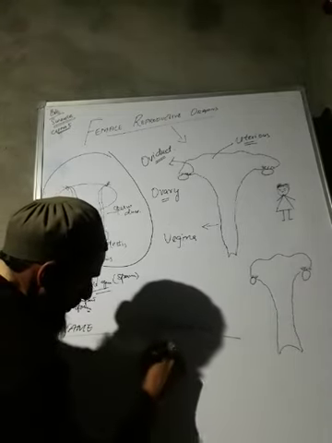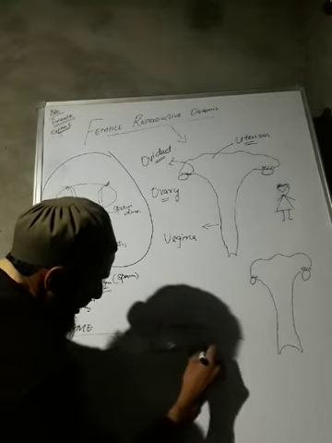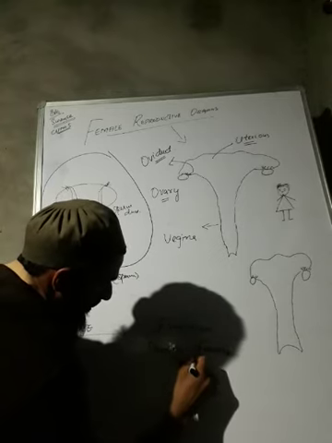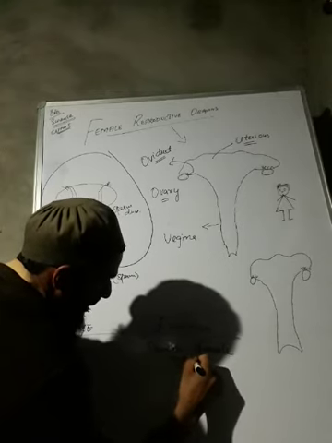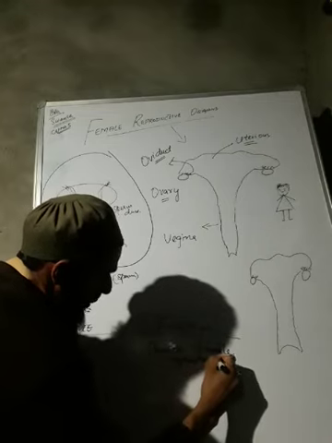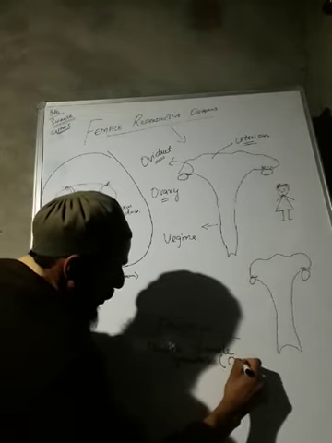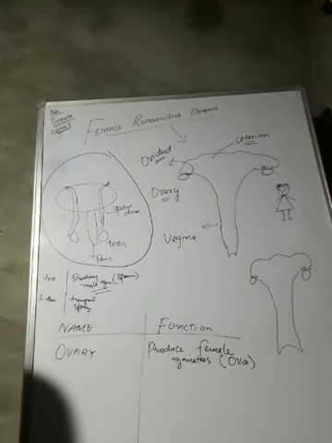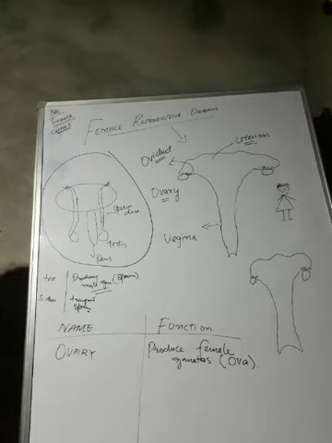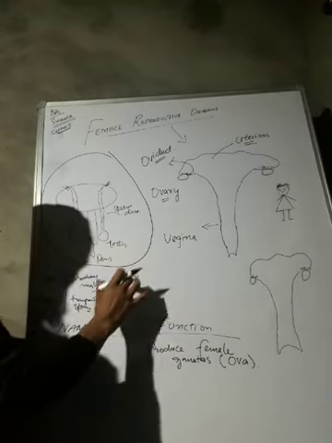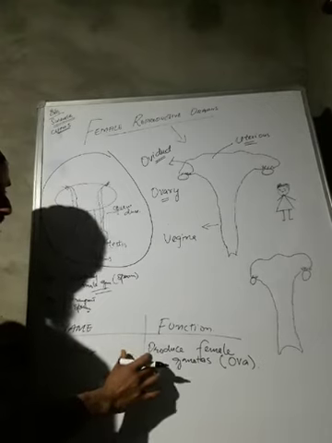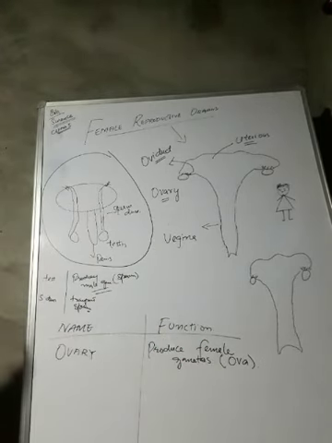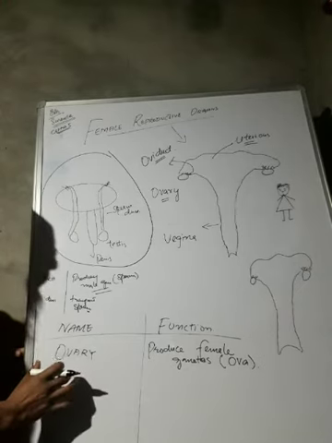Ovaries produce female gametes, which are known as ova, or egg cells, we can say. So the ovary plays the role of producing the female gametes.